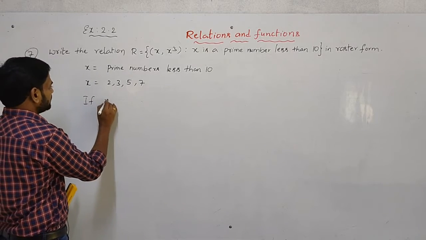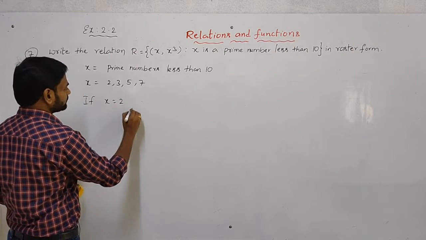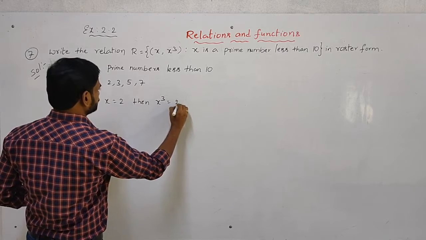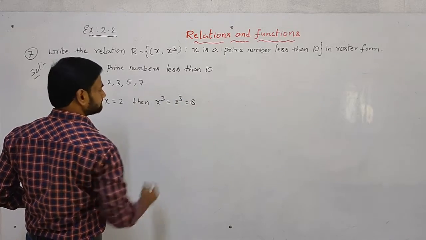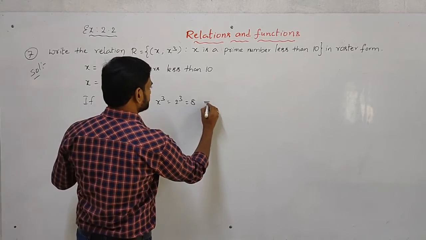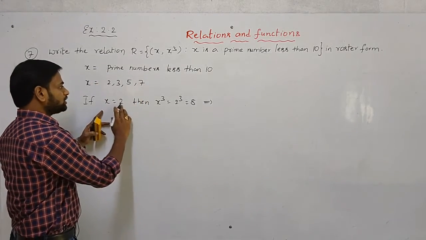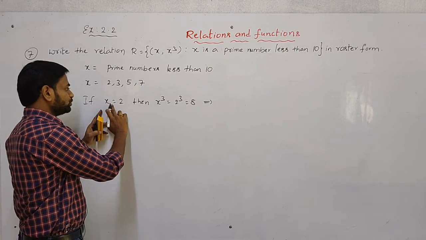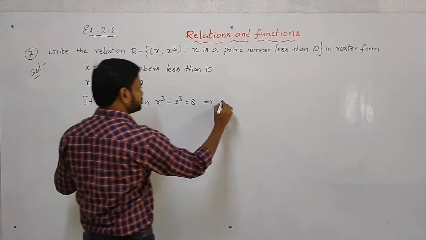So if x equal to 2, then x cube equal to 2 cube, that is 8. The ordered pair is (2, 8), that is (x, x cube).